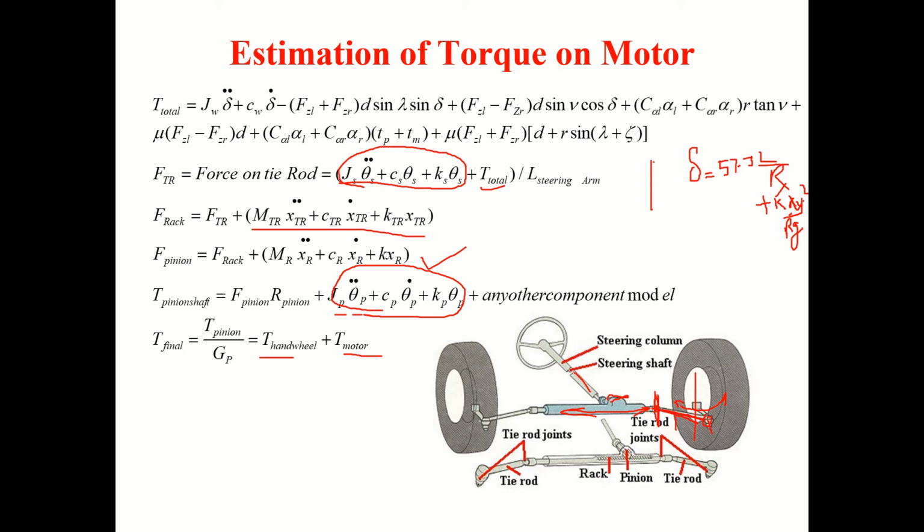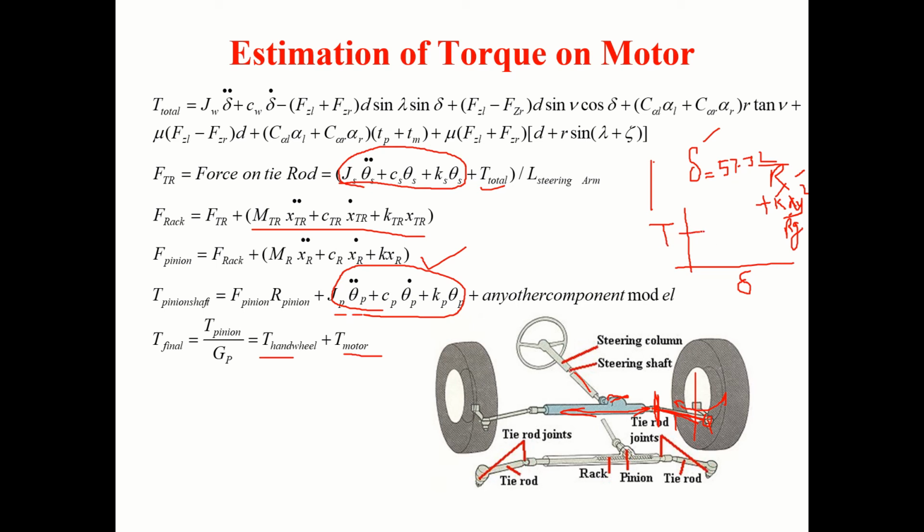So turning radius is known. R value if I know, V value if I know, I can find delta. So that is delta versus torque if I can get it.